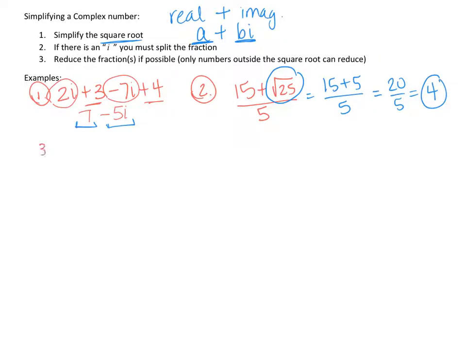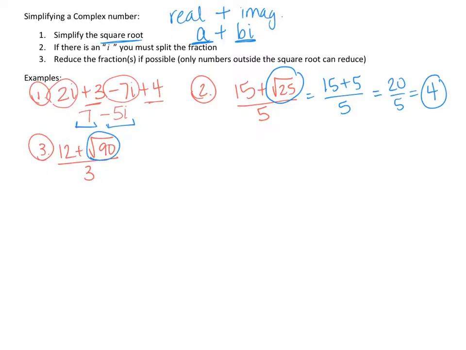Let's say this time we had something like 12 plus the square root of 90 over 3. Well, I'm going to do the same thing. I'm going to simplify this square root, except this time that's not a perfect square.